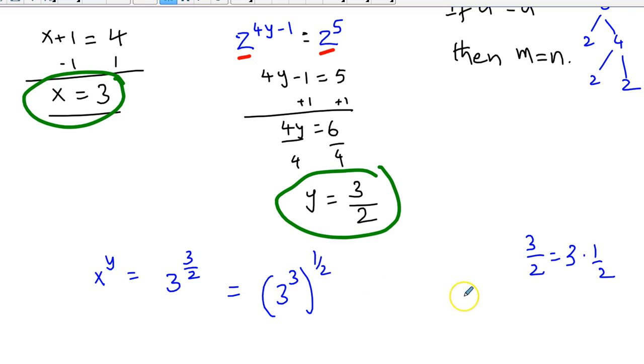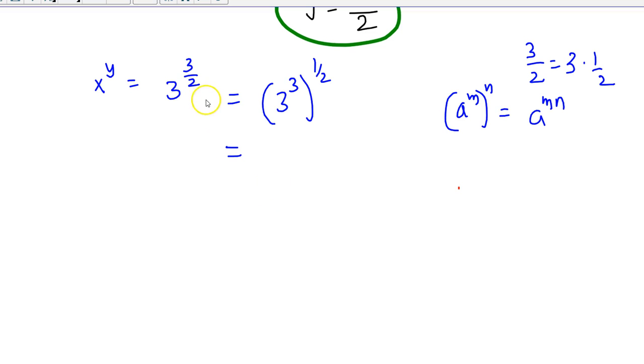Here again I am using properties of exponents. If it is a to the power of m whole to the power of n, you can write it as a to the power of mn. So 3 to the power of 3 divided by 2, change it to 3 cubed whole to the power of 1/2.